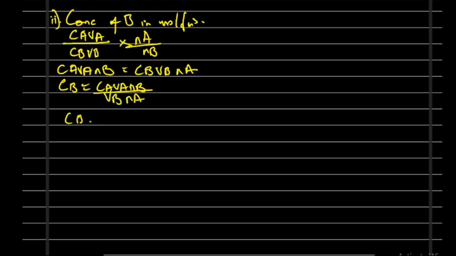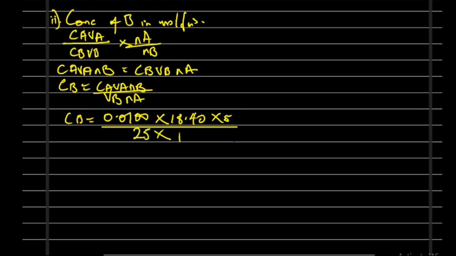So we have our CB: the value of our CA is 0.0100, the molar concentration we just calculated, multiplied by the volume of acid used, which is 18.40, times 5, which is the number of moles of the base, all of which is going to be divided by the volume of the base and the number of moles of acid, which is 25 times 1.